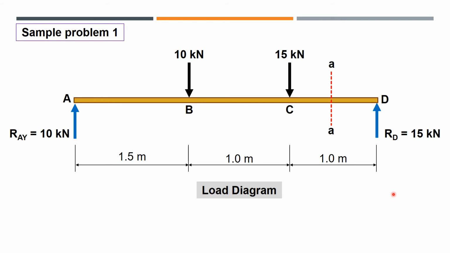So pass an imaginary cutting plane through CD, measure the distance from the extreme left, and that is A. So ito na ngayon yung distance X. So you observe the vertical forces na nasakop nitong distance X. So we have 10 kilonewtons or RAY, 10 kilonewtons at B downward, and 15 kilonewtons at C downward also.